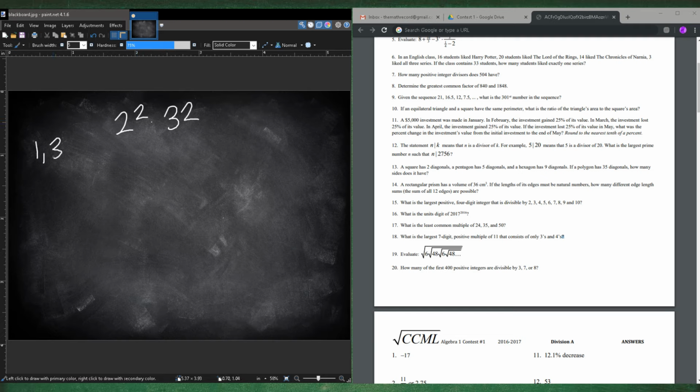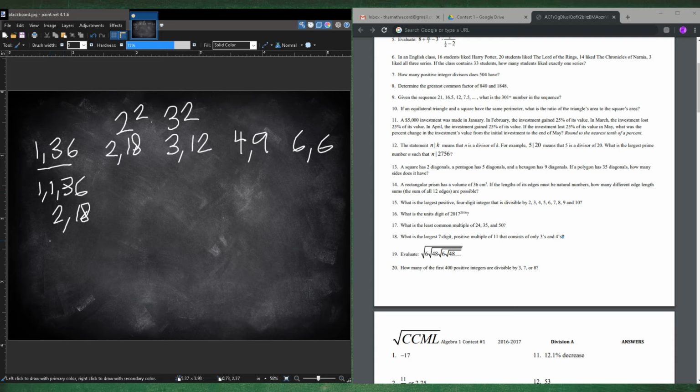Basically that would be 1 and 36, 2 and 18, 3 and 12, 4 and 9, and 6 and 6, as they multiply together. So this could be split, because you can't split the 1, you can only split the 36. So 1, 36, and then the same for 2, 18; 3, 12; 4, 9; and 6, 6.